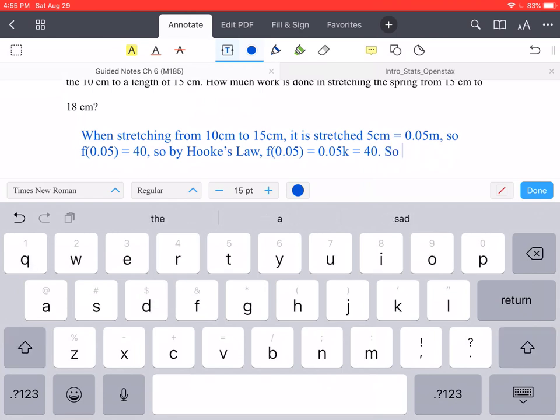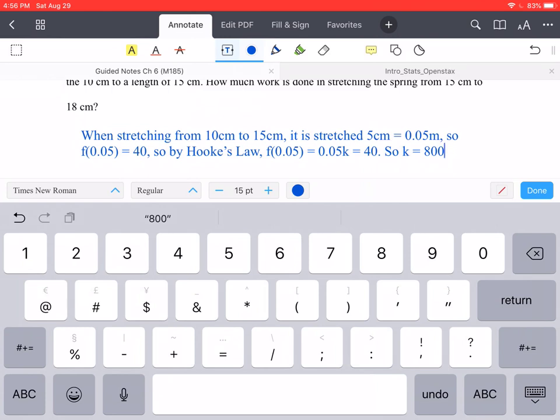Solving this for k, we divide both sides by 0.05, so 40 divided by 0.05 is 40 times 20, which is 800. So k equals 800.